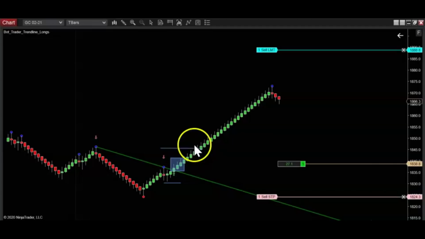So when gold printed over here, this was a free trade for us, man. It was great that it ran for a pretty big winner here, but it could have just as easily gone the other way. And if it did, we would not have lost any money. So that's what I always preach, guys.